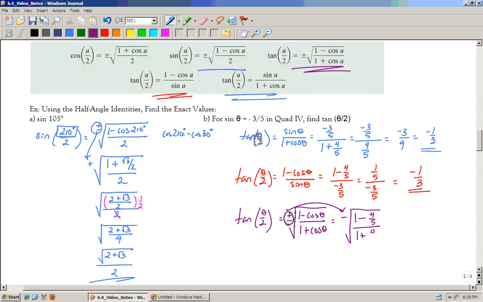And we put 1 plus 4/5 in the denominator. Now we can simplify this. We have negative the square root of 5/5 minus 4/5, which is 1/5, over 5/5 plus 4/5, which is 9/5. If you flip and multiply, the 5's cancel. You're left with negative square root of 1/9. And then the square root of 1/9 is again 1/3, same as the answer that we got on the other 2 tries.